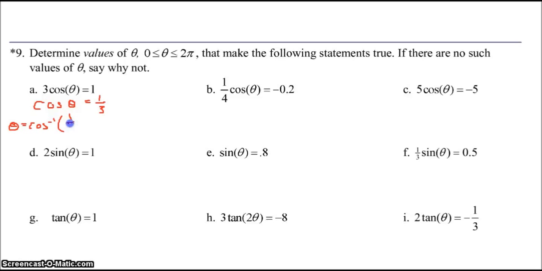Part B, cosine theta would be equal to negative 0.8. We can again look at the inverse cosine.